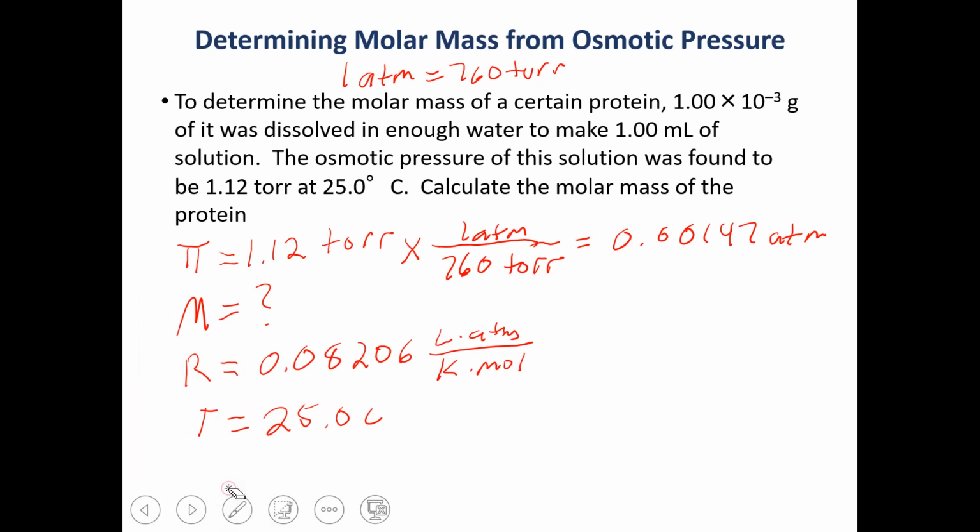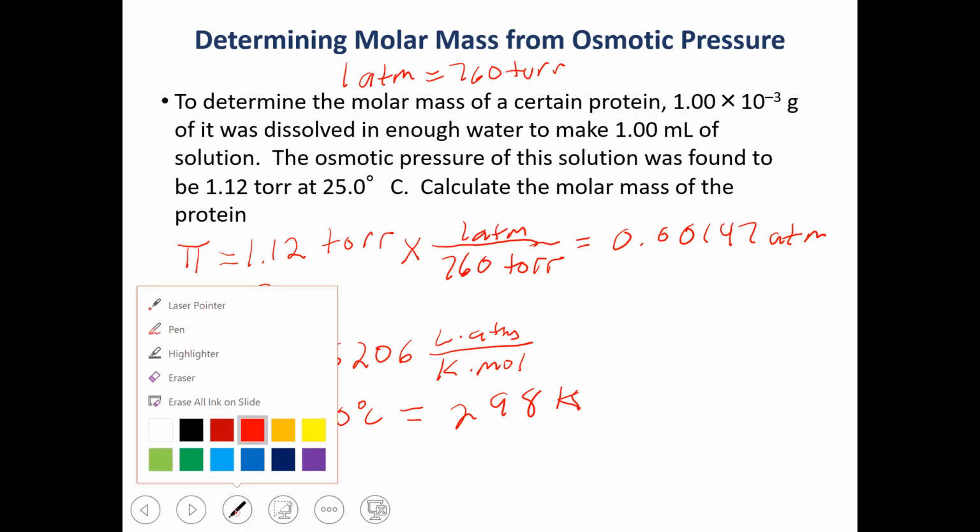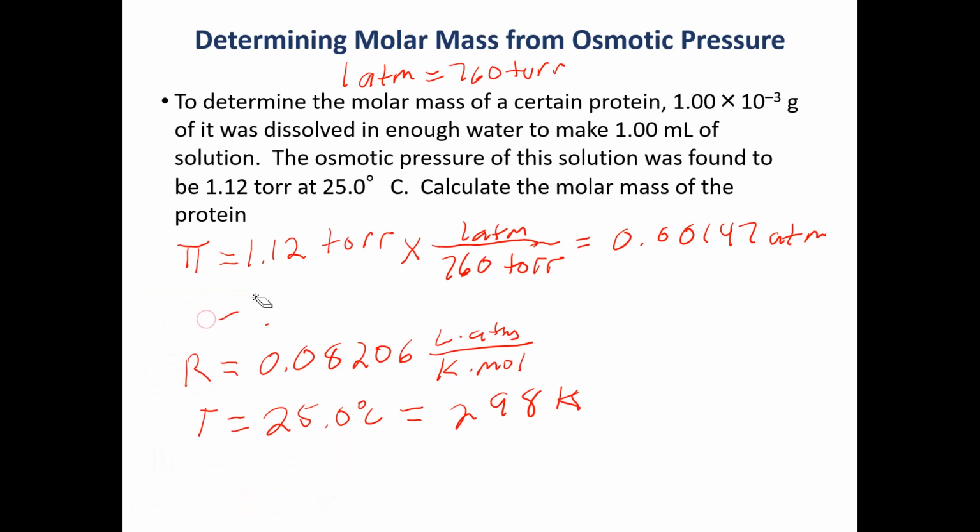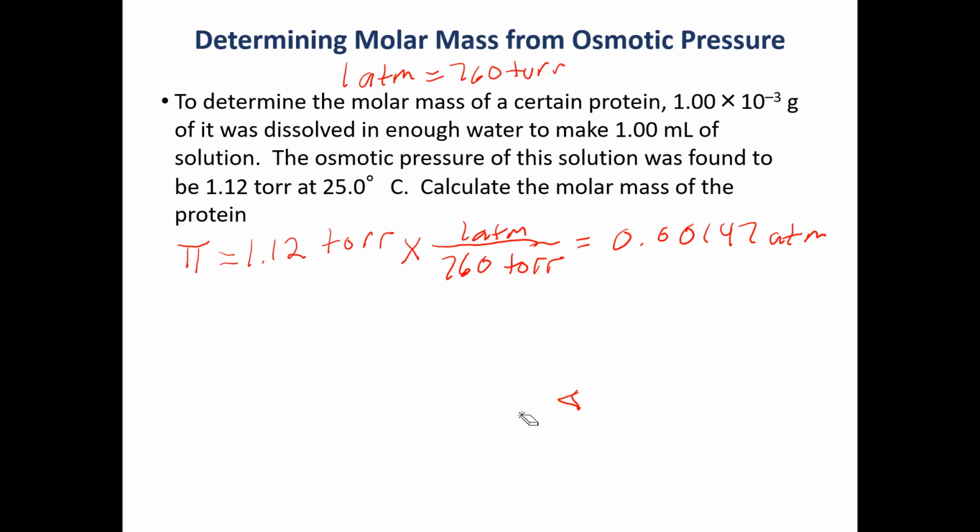To convert to Kelvin, we add 273, so 25 plus 273 gives us 298 Kelvin. Then what we need to do is plug in what we have and calculate. I'm going to erase some of this so that I have enough room to work out the rest.